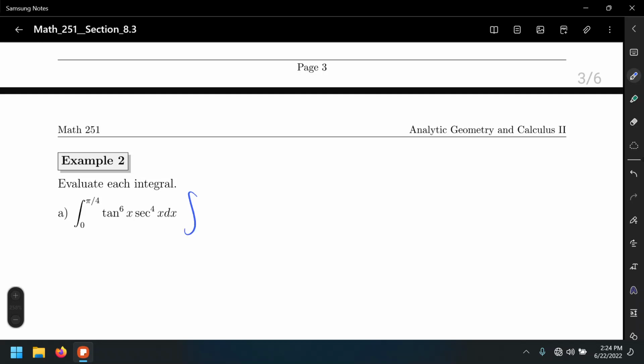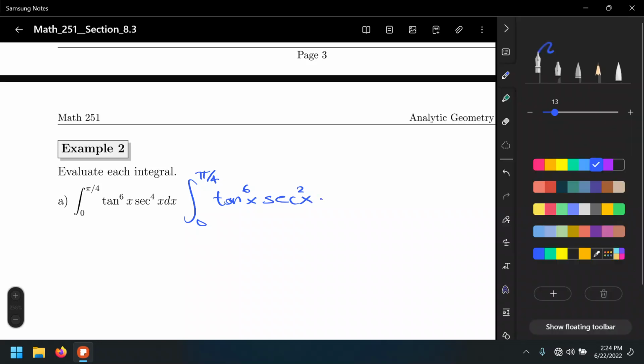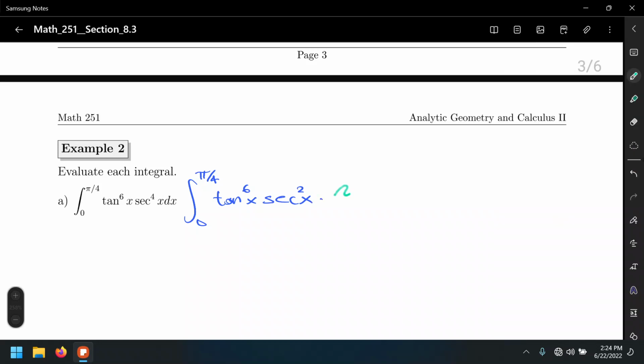So I'm going to rewrite the integral from 0 to pi over 4 of tangent to the 6th power, secant squared times secant squared. And I'm using this color to represent what we later will work out as the u du part.